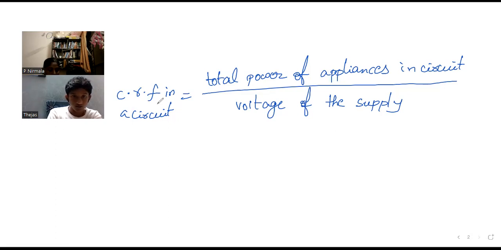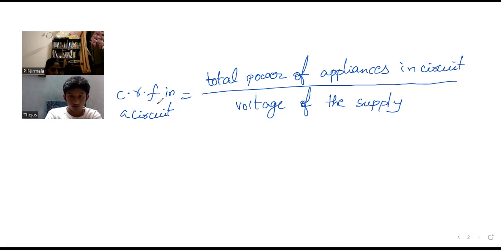Okay, next, switches. About the switches: single pole switch and double pole switch, we have. A single pole switch is used with the appliances to start or stop the flow of current in it.